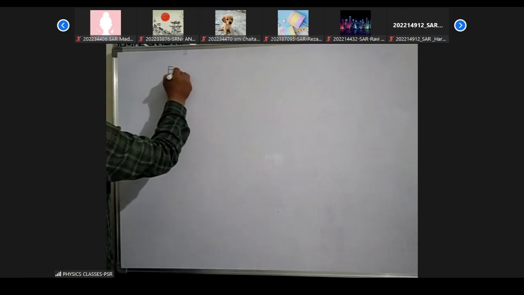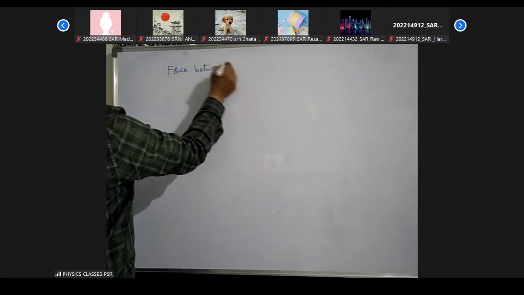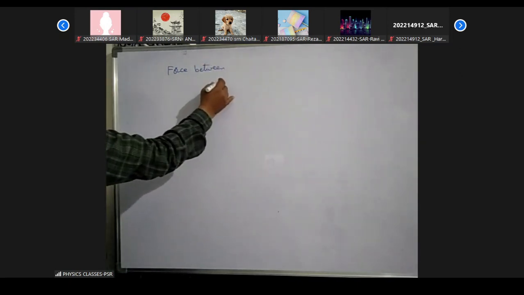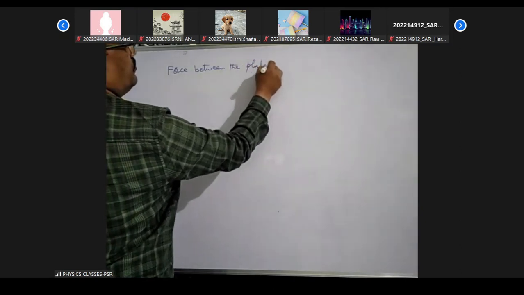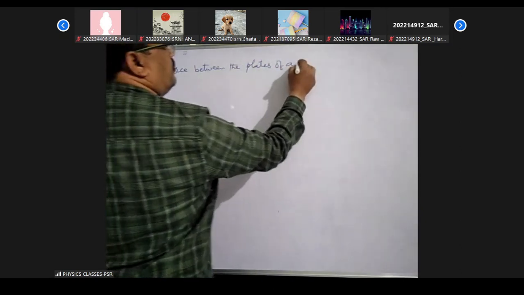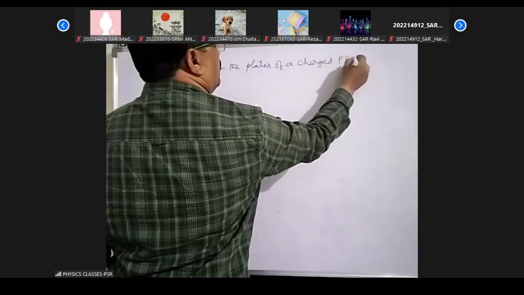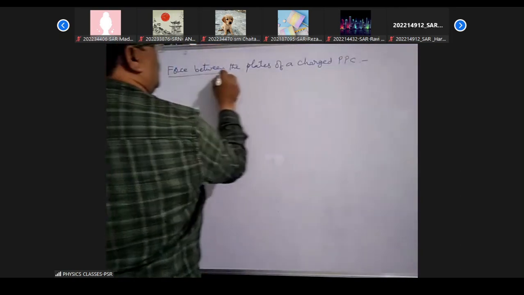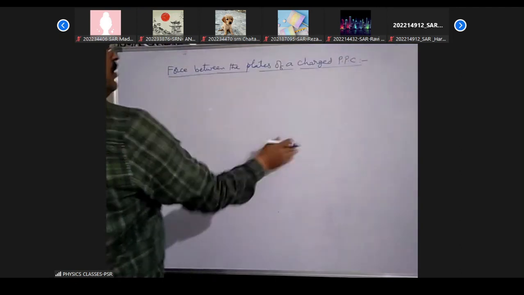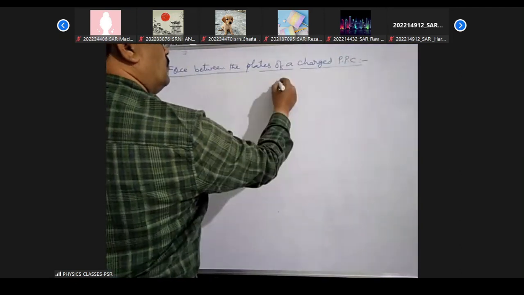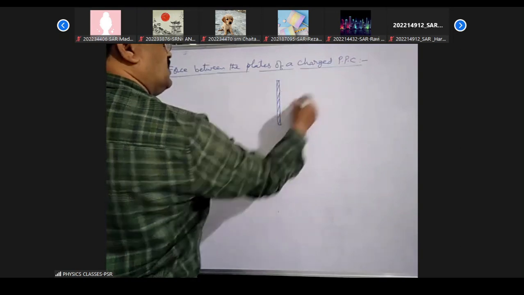Note the side heading: force between the plates of a charged parallel plate capacitor. Here let us consider a parallel plate capacitor like this.